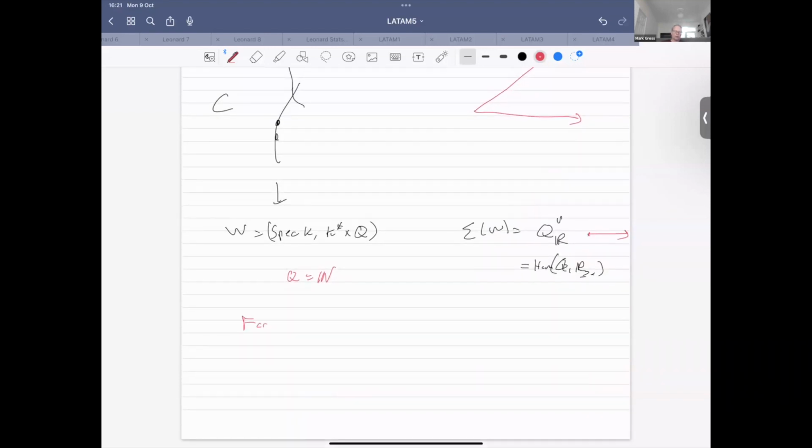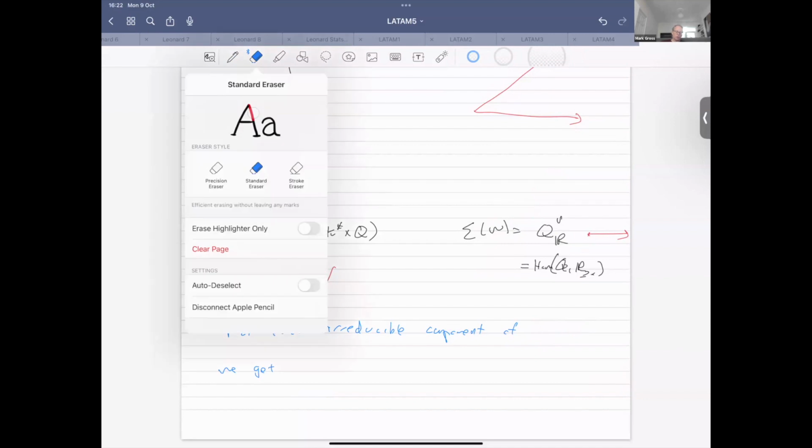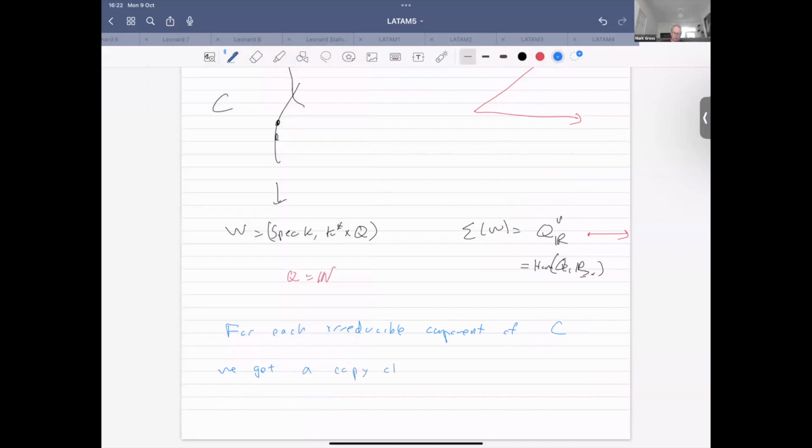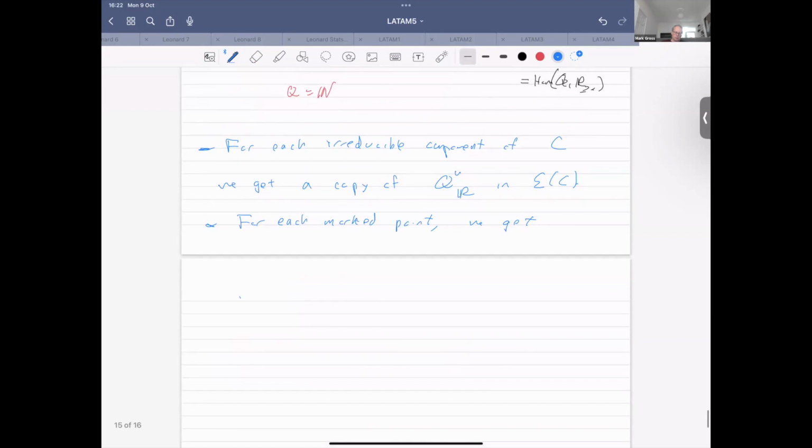It's going to land over here. So for each irreducible component of C, we get a copy of Q dual R. And sigma of C. So for each marked point, we get a copy of Hom Q plus N to R greater equal to 0, which is Q dual R plus R greater equal to 0.